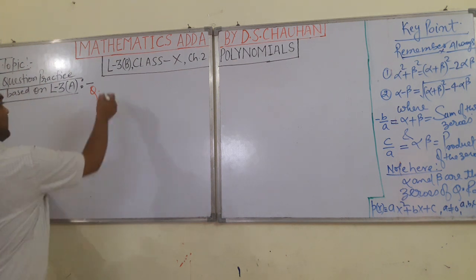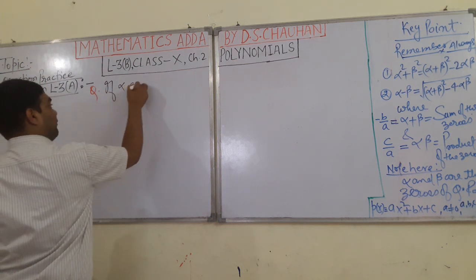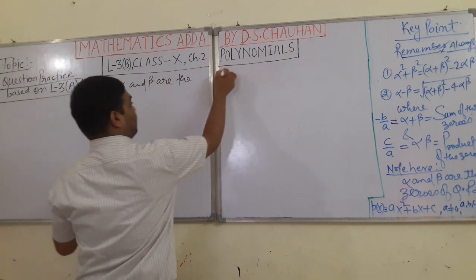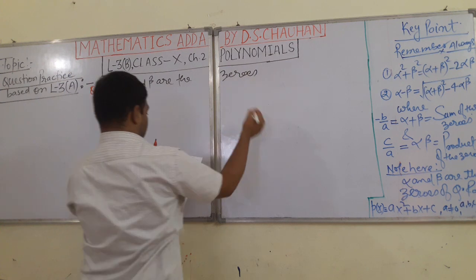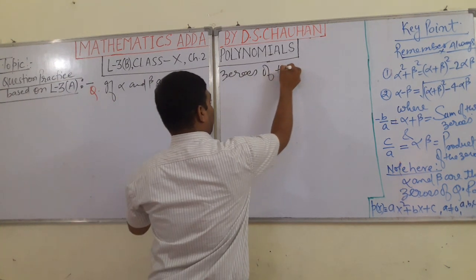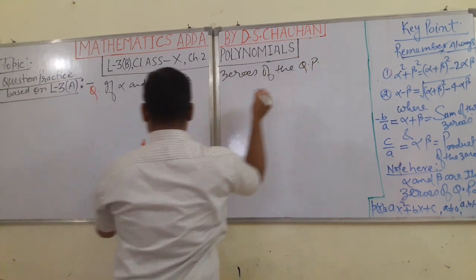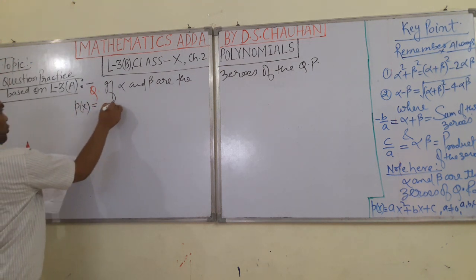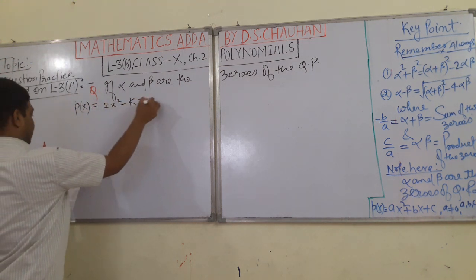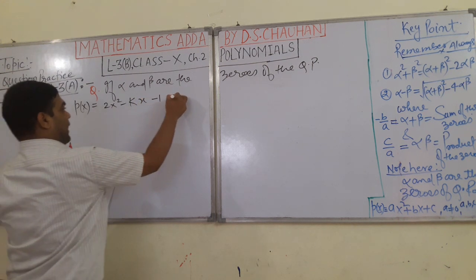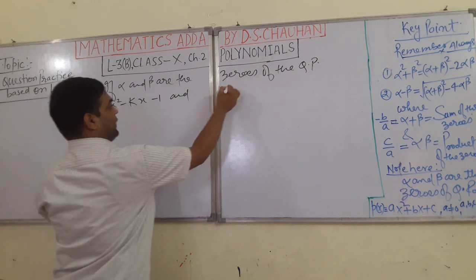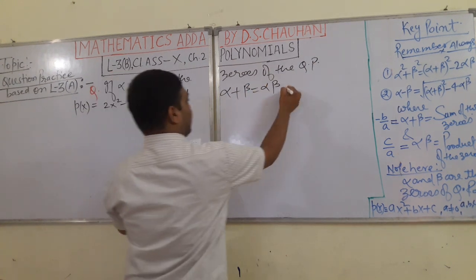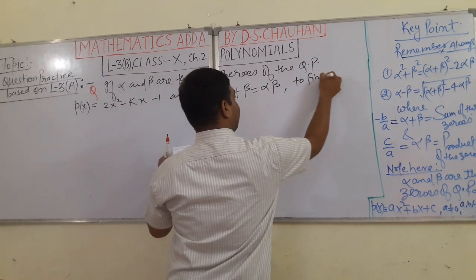If alpha and beta are the zeros of the quadratic polynomial p(x) equal to 2x square minus kx minus 1, and it has been given that alpha plus beta equal to alpha beta, find k.